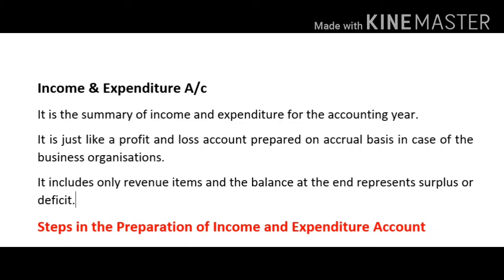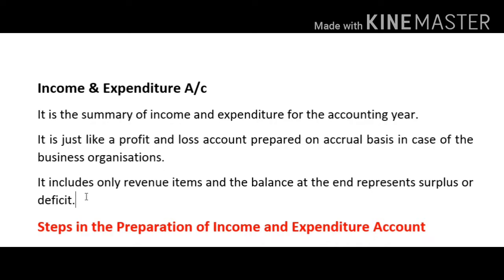Today in this module we will be learning about the preparation of income and expenditure account of an NPO. What is income and expenditure account? It is the summary of income and expenditure for the accounting year. Just like in case of business organizations, we prepare profit and loss account, in case of NPO, we prepare income and expenditure account.